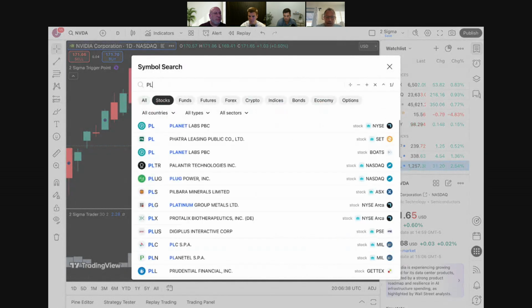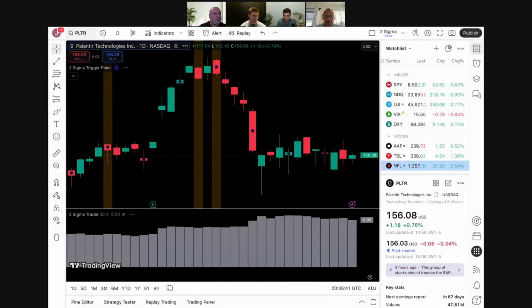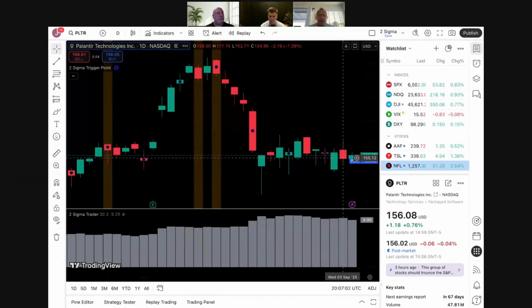So the next stock to look at, Nathan, is Palantir. Now we don't have the blue bars here, but you can see the chart. What we are looking for, and this isn't about guessing the timing of a bottom, is waiting for that mathematical calculation to tell us that its accumulation is about to begin.